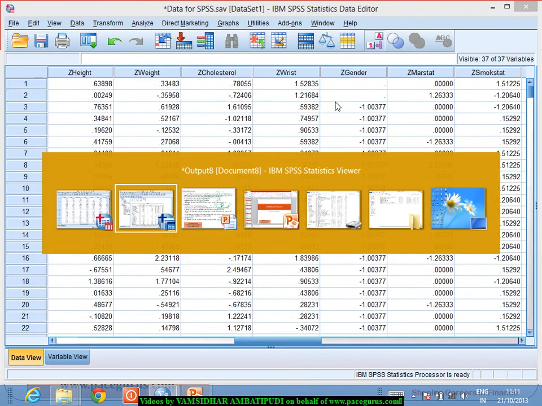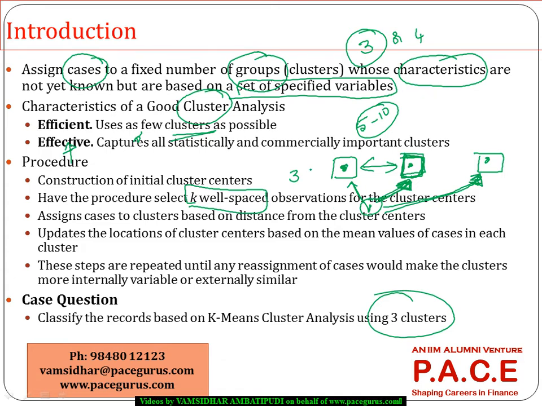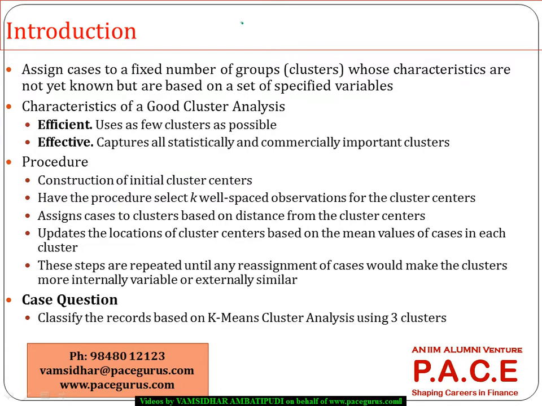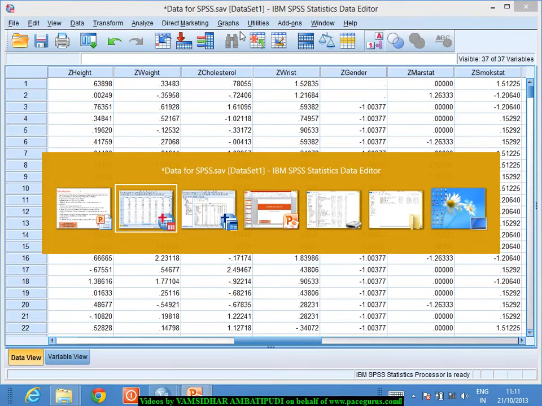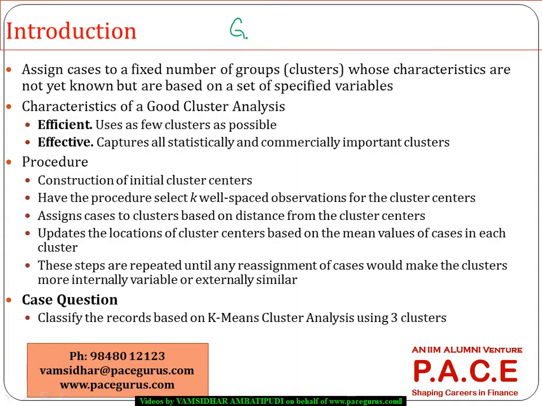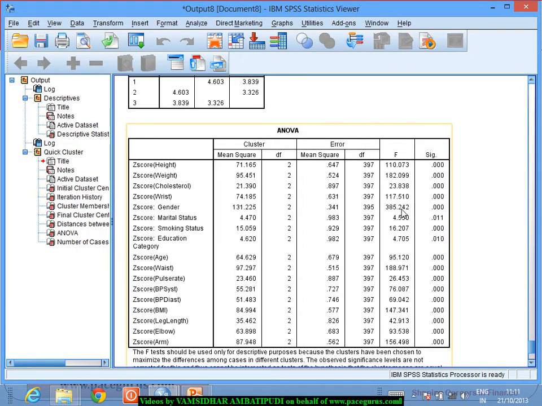So gender provides a very good separation, because we are seeing that the F values are very high for gender, and probably the next is with respect to weights. We are seeing a significant difference in the weights across the various cluster groups, whereas probably the cholesterol levels are not that great across the various cluster groups.